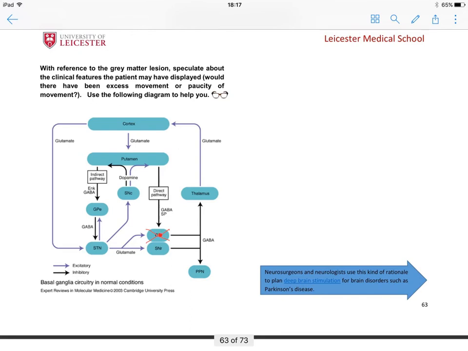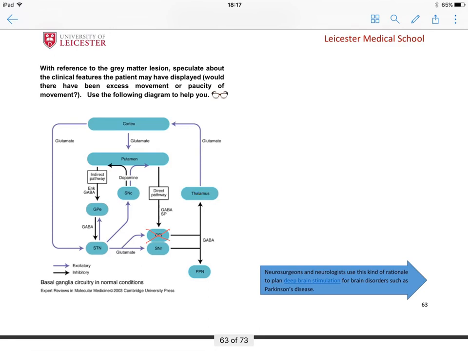All of these greeny blue boxes in this diagram represent areas of grey matter which contain the cell bodies of neurons. And all of the lines, whether black or purple, represent axons emanating from those areas of grey matter. So we have lost this important area of grey matter, the internal segment of GPI. And you can see that GPI normally projects inhibitory axons to the thalamus.